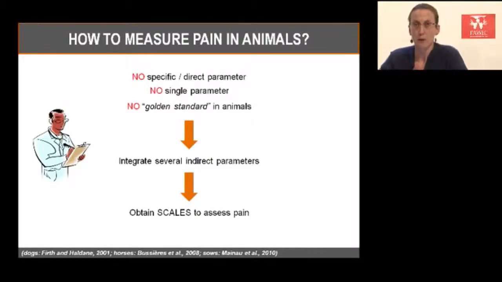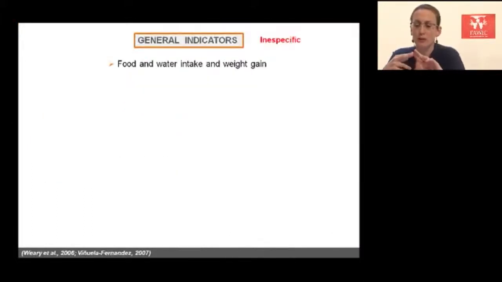In order to assess pain in animals, we have basically three ways: the general indicators, the physiological indicators, and the behavioral ones. In relation to general indicators such as food and water intake and weight gain, we have to say that normally they are very unspecific, because causes other than pain can modify these indicators.